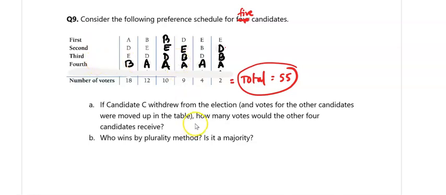So the question is, who is going to win the election, or how many votes would the other 4 candidates receive? A got 18 votes as the first choice. B got 12 as the first choice, and 10 as the first choice, and 12 plus 10 is 22.